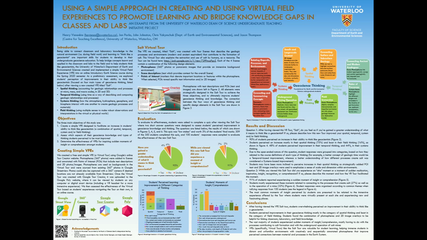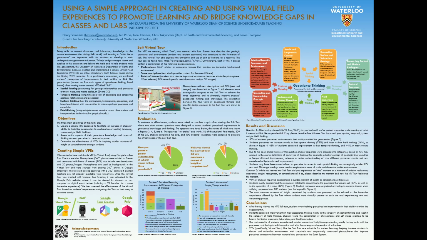You have descriptions as well, which are text descriptions that give context to whatever photosphere you've chosen. And then you have points of interest, which are markers that can be placed throughout the photosphere, and when selected, they reveal associated text or images. Some of these examples can be shown in Figure 2 here to the left.